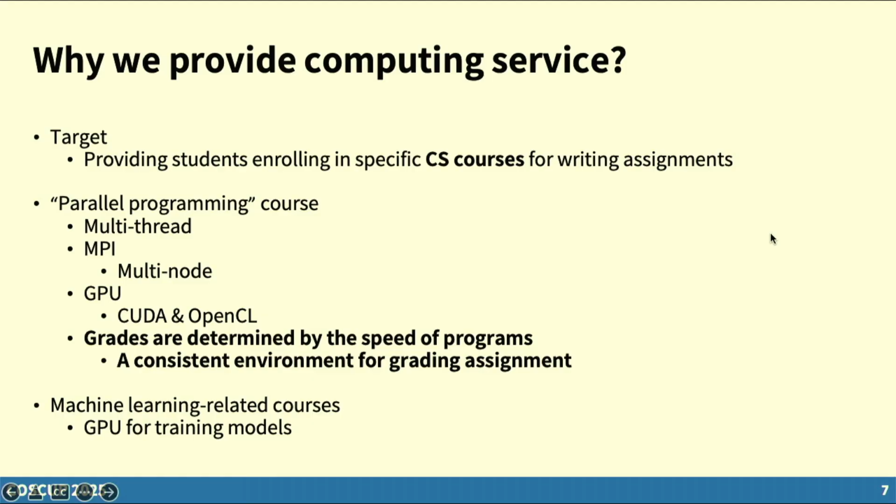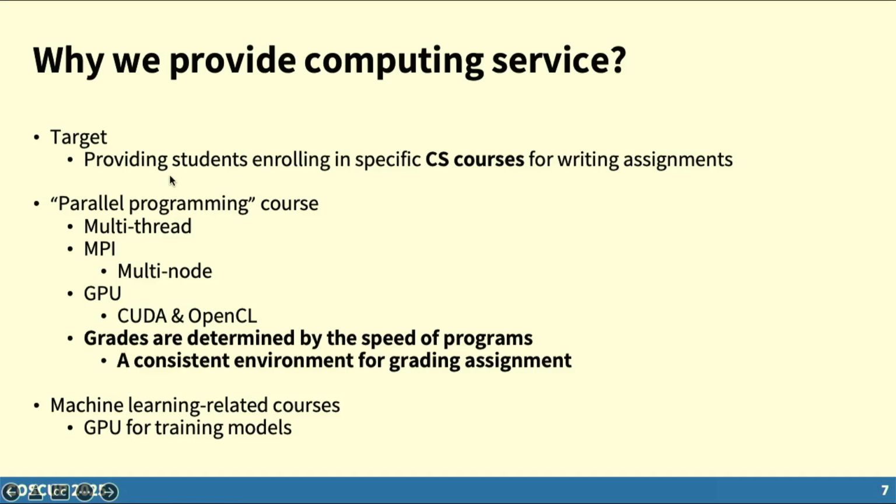But a user may have no multi-node environment to run programs, so they need this environment. And GPUs are also used here, including machine learning related code. They will use GPUs for training models, and parallel programming also uses CUDA and OpenCL to do some speedup.